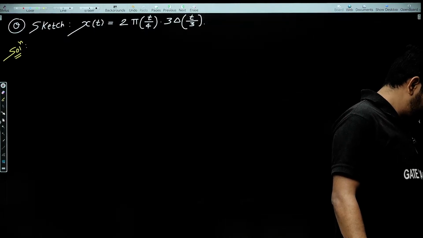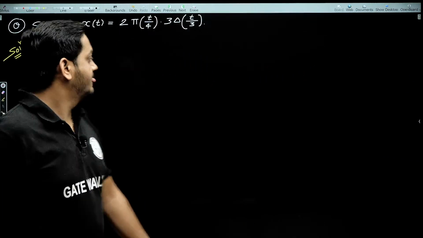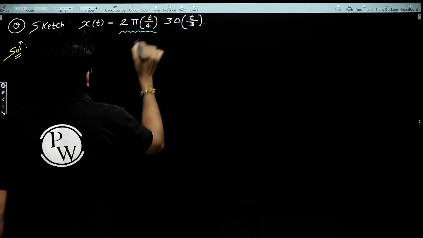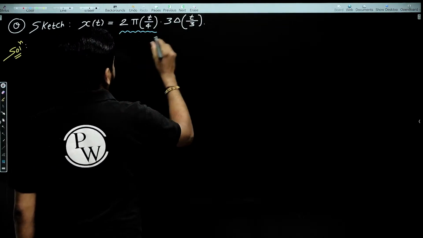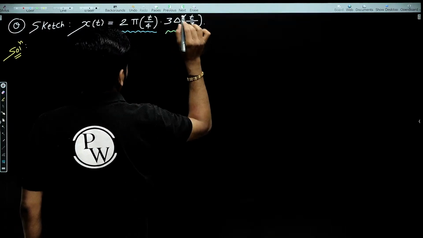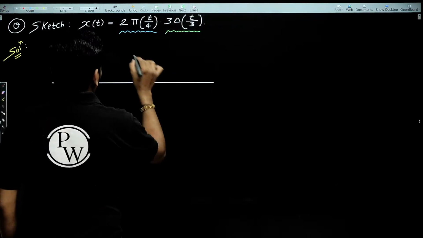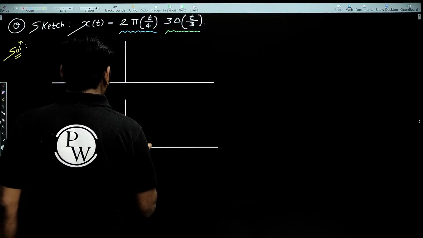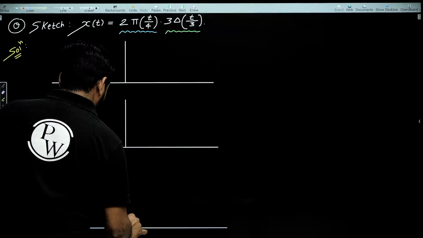Done, Nikhil? Done? So first of all, this signal is nothing but a rectangular function from -2 to +2, width 4, amplitude 2, guys. And this is the triangular function from -3 to +3 with amplitude 3, guys. Rectangle function, then here triangular function, then here we will draw the resultant signal.